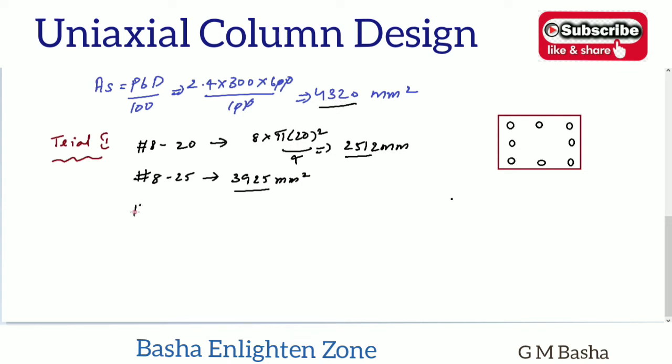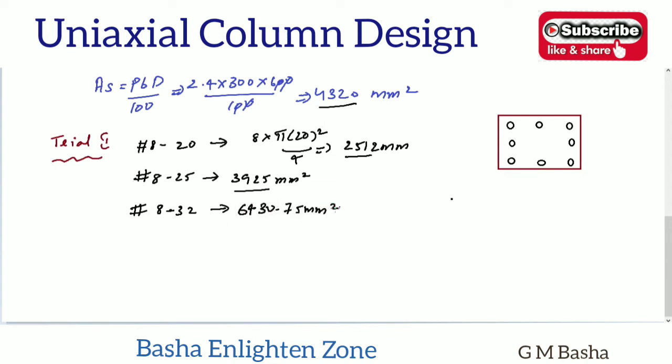Then I am choosing one more bar, 8 bars of 32. How much will you get? 8 into 3.14 into 32 whole square divided by 4. Here you will get 6430, so it is suited, no problem.